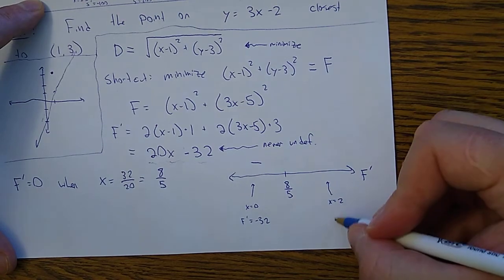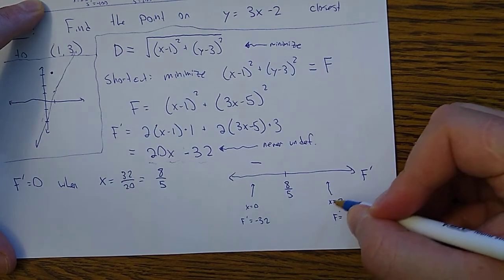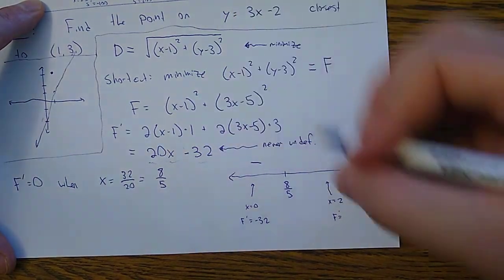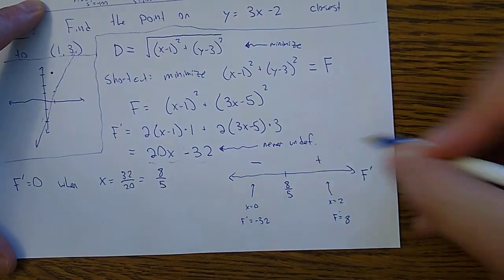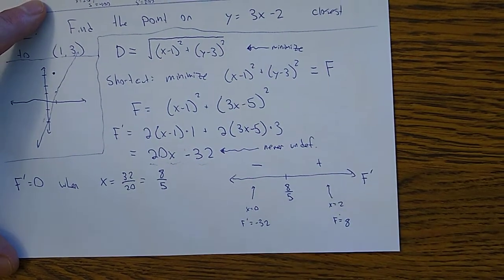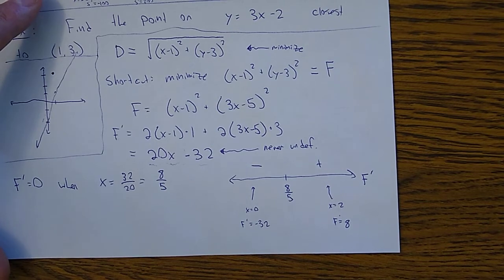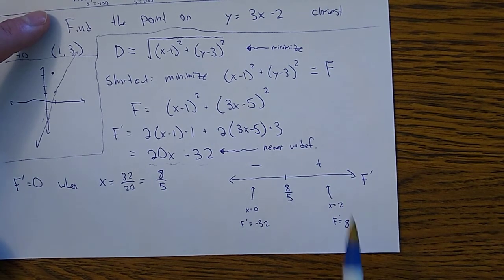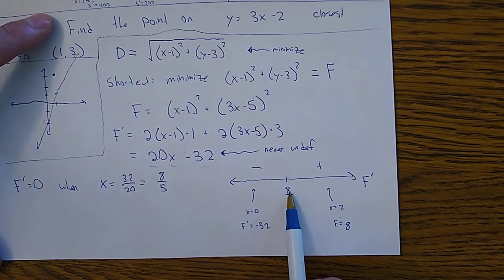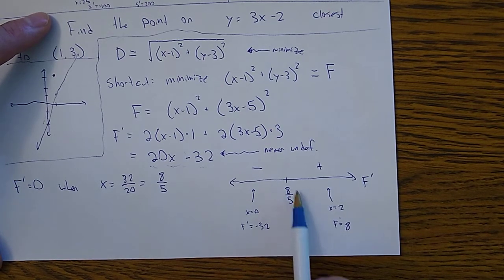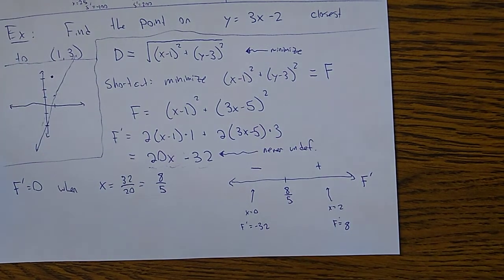And then if I plug in x equals 2, I get 40 minus 32, which is 8, which is positive. And that's what we were expecting, that's what we were wanting, but we do need to check that. So this does mean that a minimum occurs at x equals 8/5.